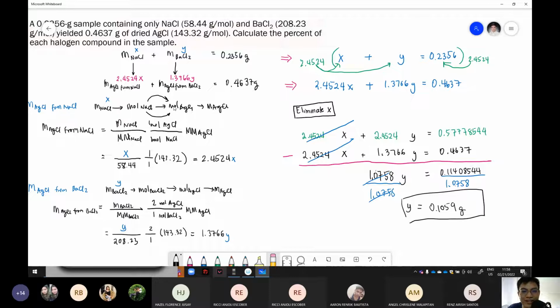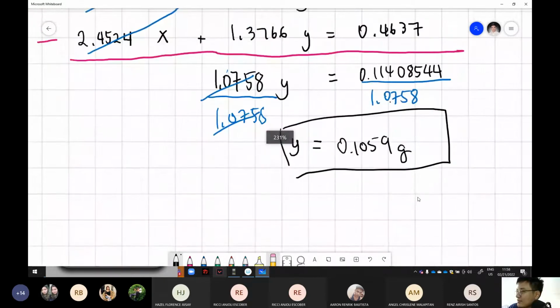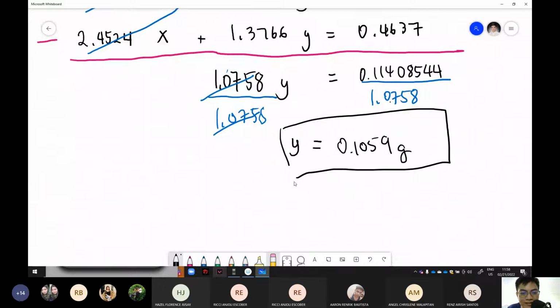Now, kunin ko na lang yung NaCl. Remember, yung mass ng NaCl plus barium chloride ay 2356. So, ano yung i-add ko sa 1059 para maging 2356? I-calculate natin. Kung kaya binasa nyo yung worksheet, parang may idea na kaya na.